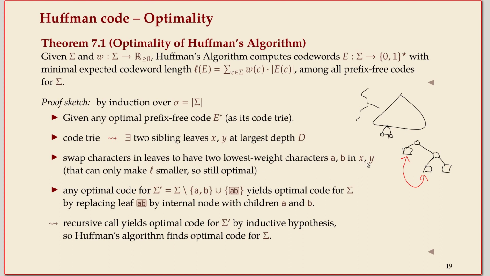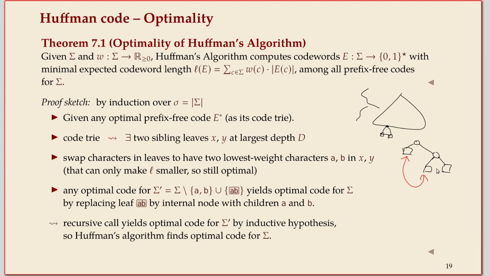So if I do this, I can enforce that the leaves at the highest depth contain the two lowest weight characters in the whole alphabet. If not, I can swap characters around to enforce this, and the total length of my code can only get better. But if I start with an optimal code, it means I actually have to have those two already in the leaves, or at least in leaves of the same depth.